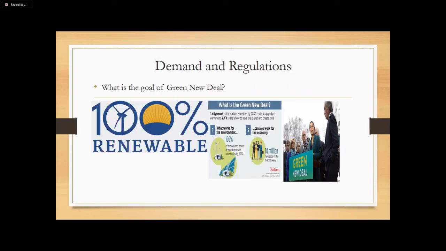They're trying to basically control the global warming by keeping the change down to 2.7 degrees, and they say that meanwhile you can create jobs for 10 million people. But there's a lot of technical problems with it. I like the spirit of it, but like you said, there's a lot of technical problems that I won't have time to get into here. But if you're interested, you can look it up. It's actually very, very interesting.